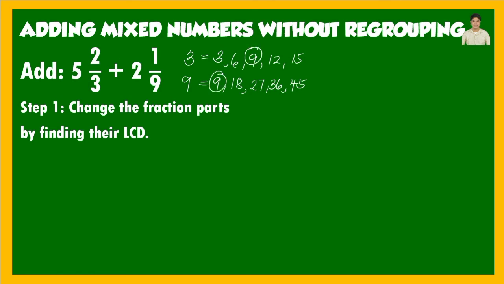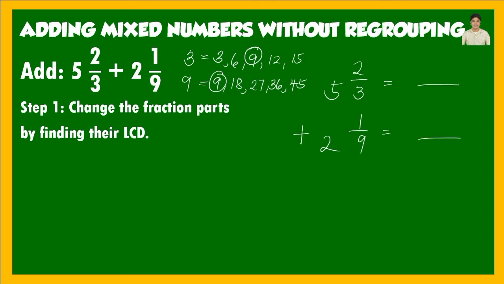Now, pwede na nating i-change yung mga mixed numbers into similar fractions. So, ayan. Paano natin gagawin yon? So, sulat lang natin yung mga given 5 and 2/3 plus 2 and 1/9. So, change natin into similar fractions.